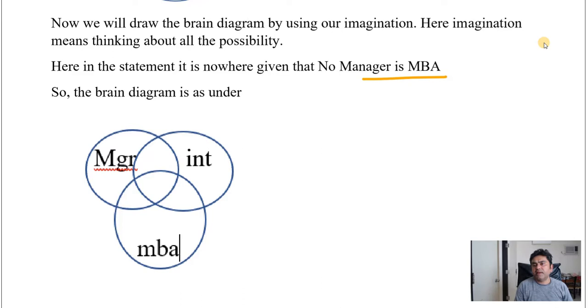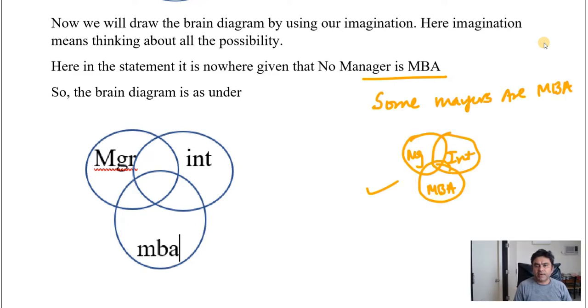If I want to insert this into the diagram, which is originally manager and intelligent, now some managers are MBA, so I am going to intersect here and put MBA. Here I am using some imagination, because nowhere is it written that no manager is MBA. Therefore I can add this third intersection. So I am talking about this portion.